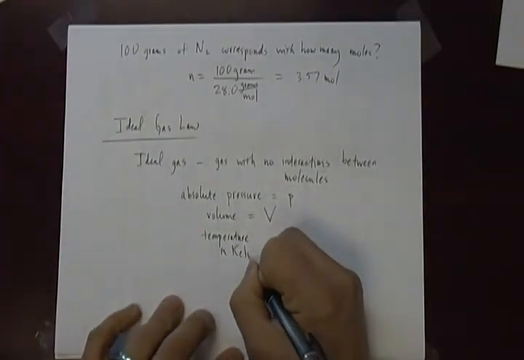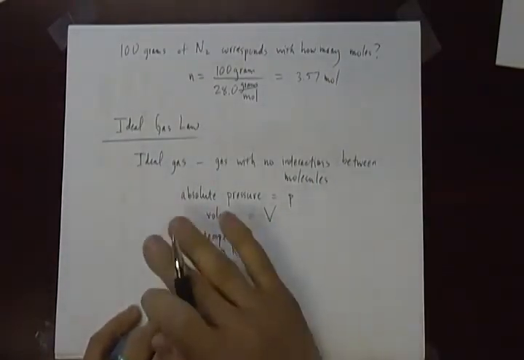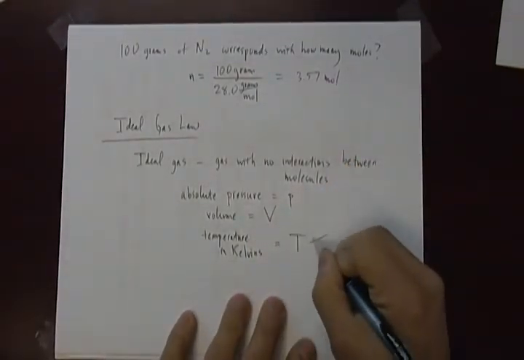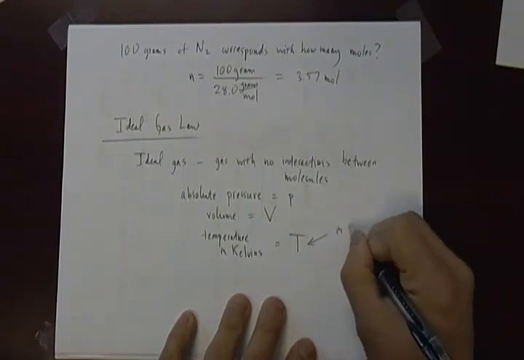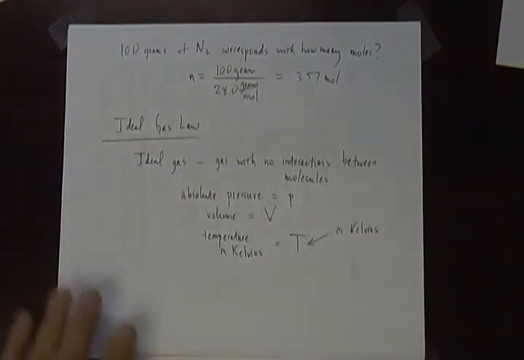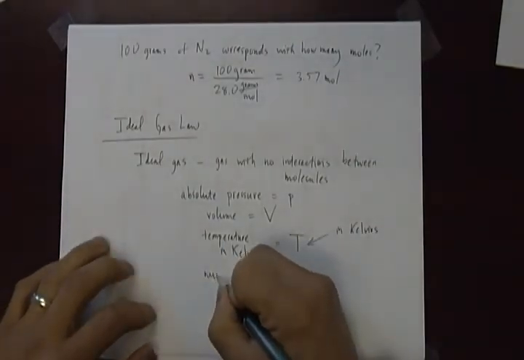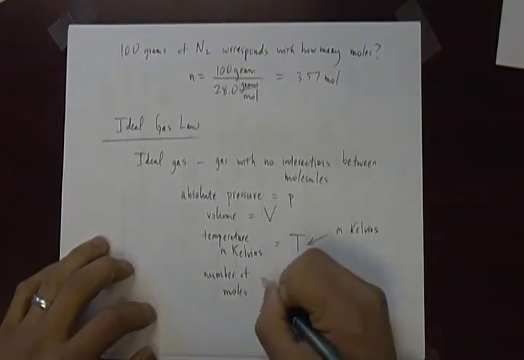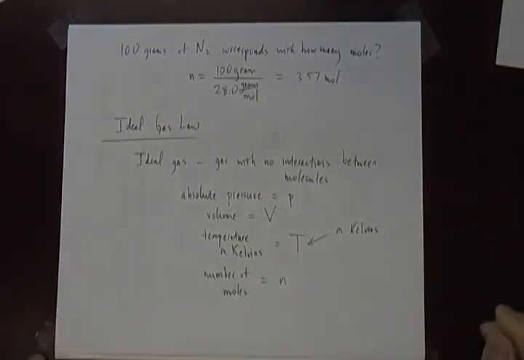So everything we do in temperature for the rest of today's lecture is in kelvins. And so it's important that you remember it's in kelvins only. And we also need to know the number of moles, and that's small n.